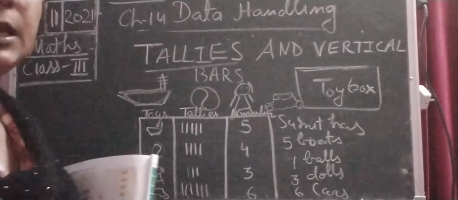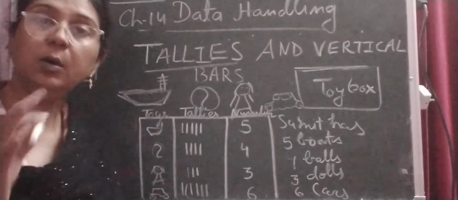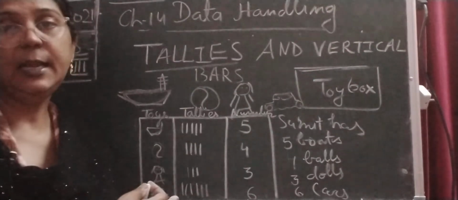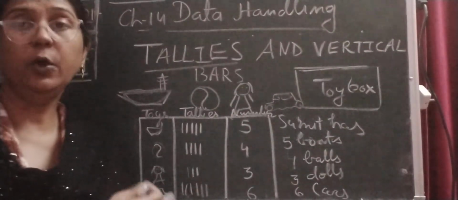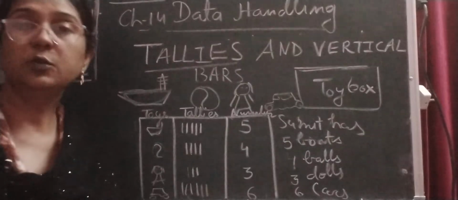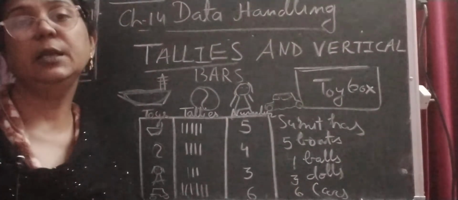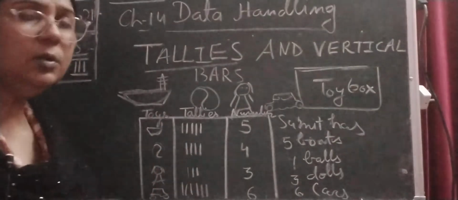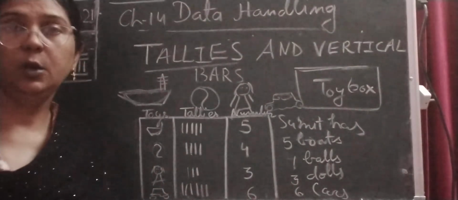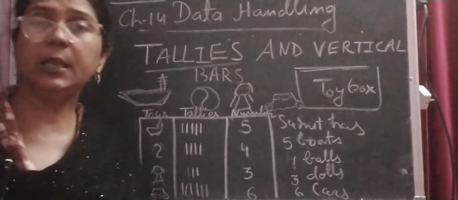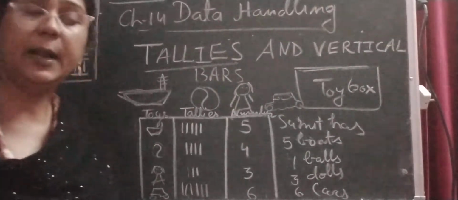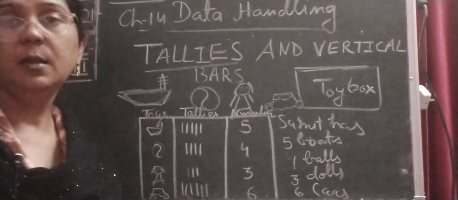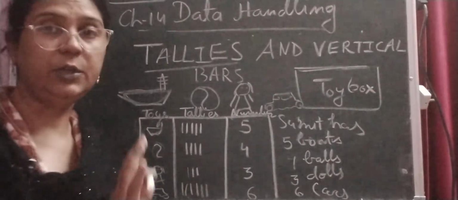और इससे पहले क्या था कि पूरे टॉय बॉक्स में वो मिली हुई थी. अब हमने इस टैली की हेल्प से इसको सॉर्ट आउट कर लिया कि how many cars are there, how many boards are there, how many dolls are there. So this is very helpful to create a data. अब उसको कहीं देखने की ज़रूरत नहीं है, कोई बैठ के इधर उधर अलग करने की ज़रूरत नहीं, because the data is created by the number of the objects.